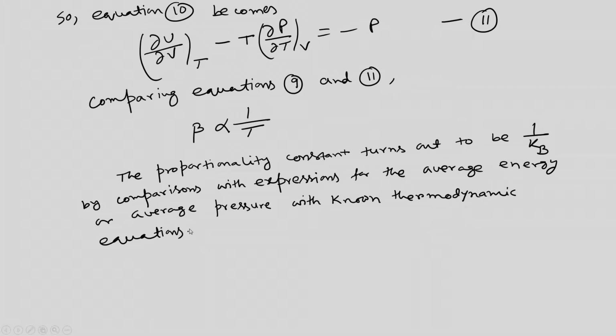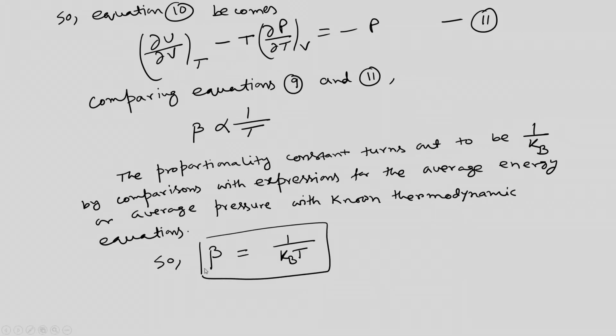So, we get beta is 1 by Boltzmann constant times temperature. So, we have proved that.